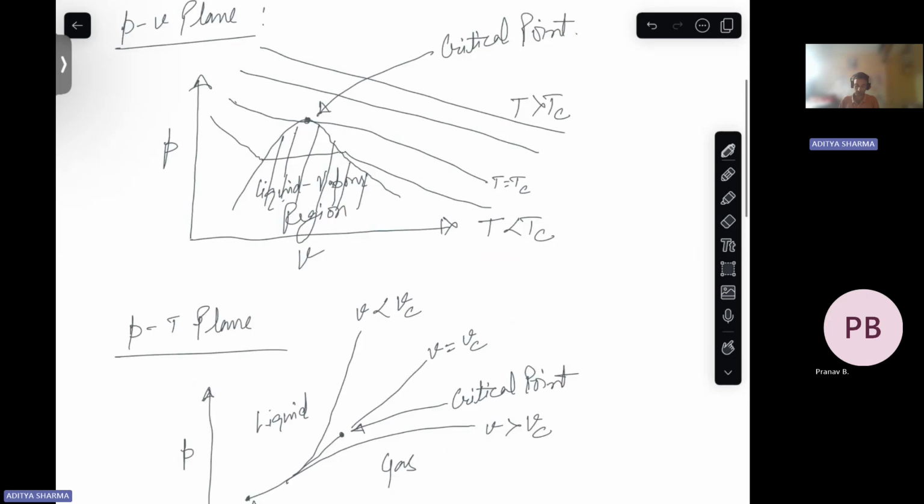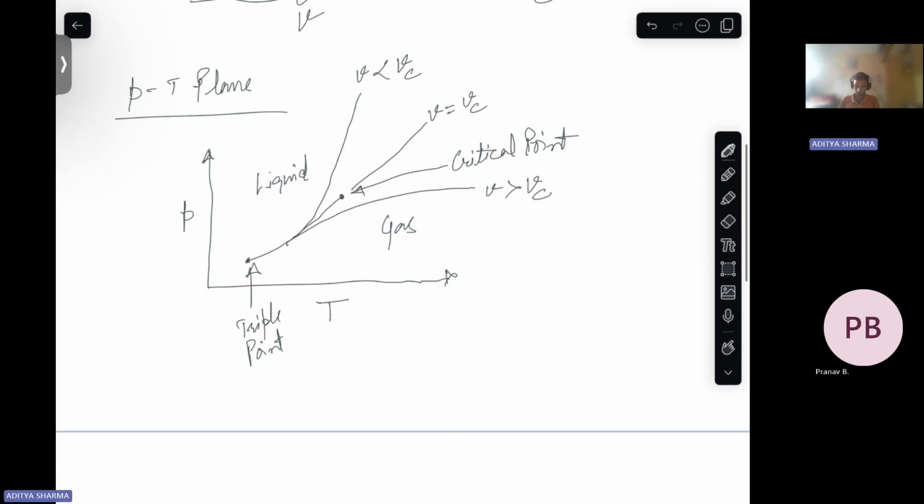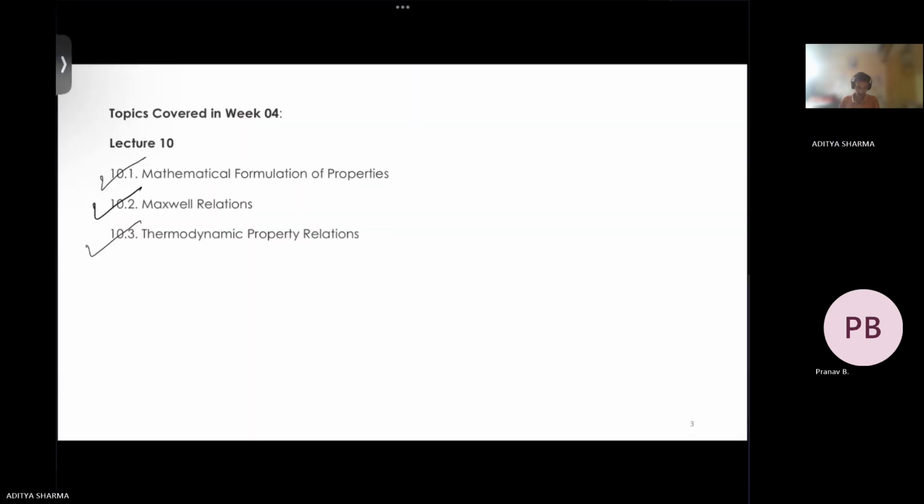So in that case, it becomes easy to analyze our subject of interest. So these two things have been discussed in this topic, majorly in the mathematical formulation properties.